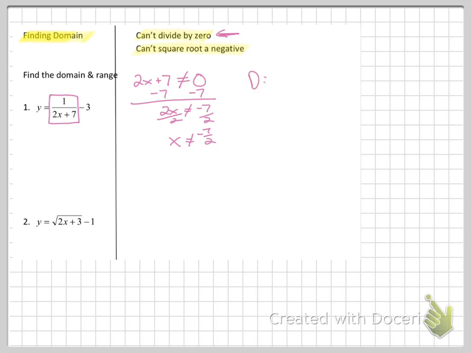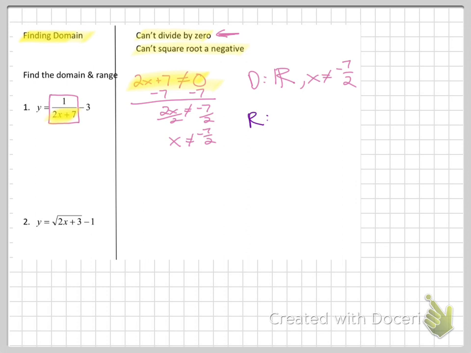So remember, for domain, that means it can be everything else, all real numbers, but x cannot equal negative 7 over 2. It's also asking for the range. So for the domain, we took the bottom and said it couldn't equal 0. For the range, think about what this equation means. We have a fraction minus 3.